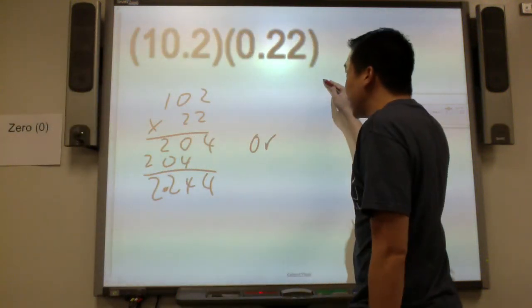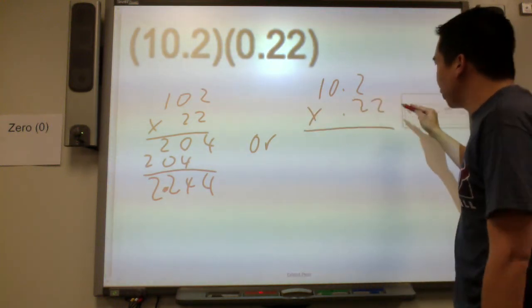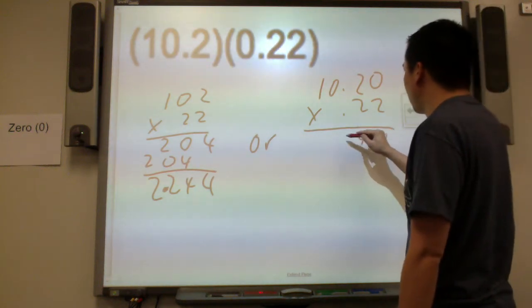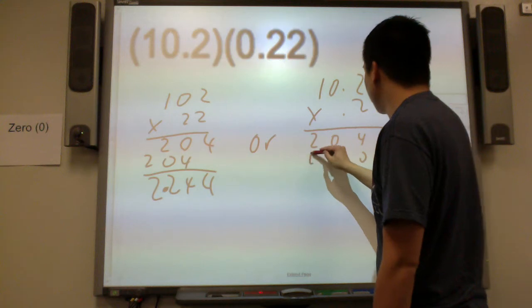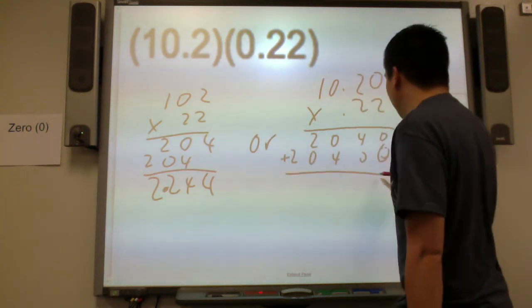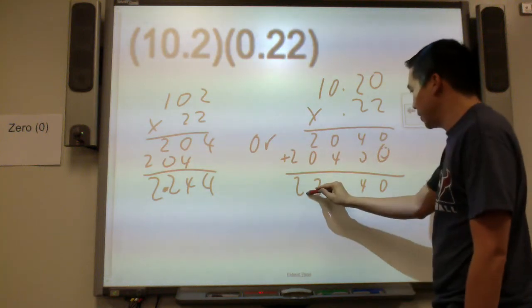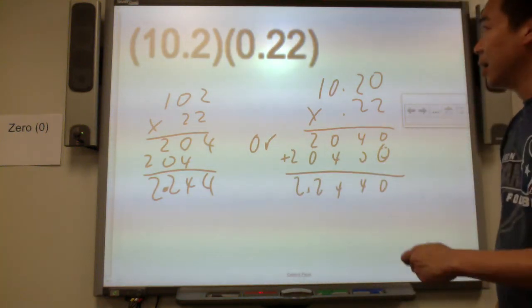Some kids say, I don't like it that way. My teacher told me to line it up. Fine, we'll line it up for you. Fix a placeholder there. Let's add it up. 4 numbers behind it, and same exact answer.